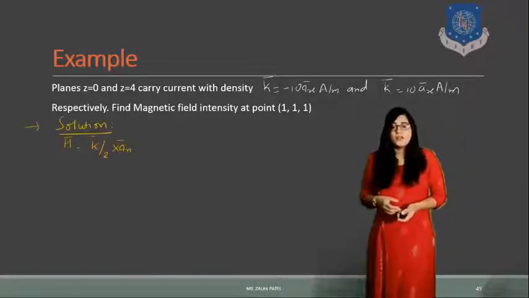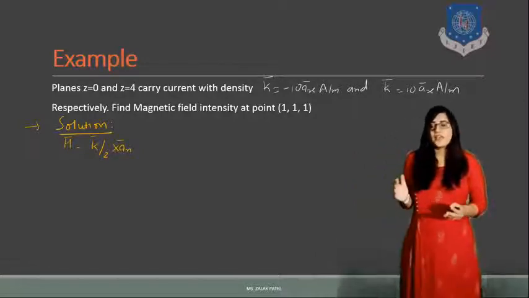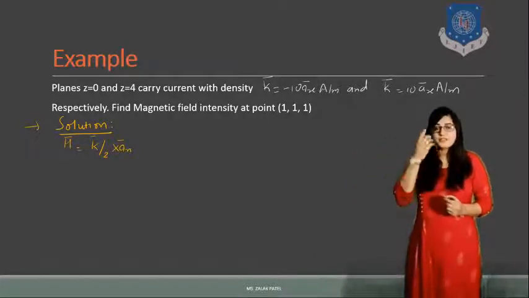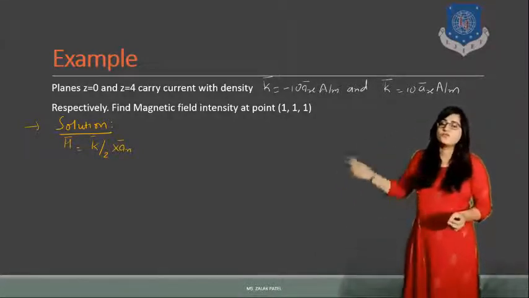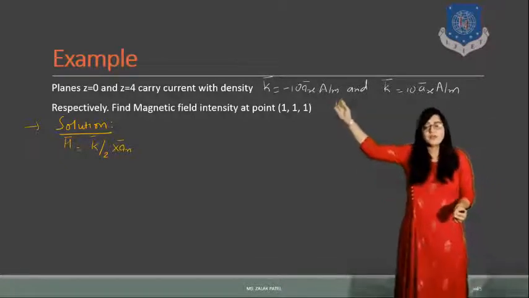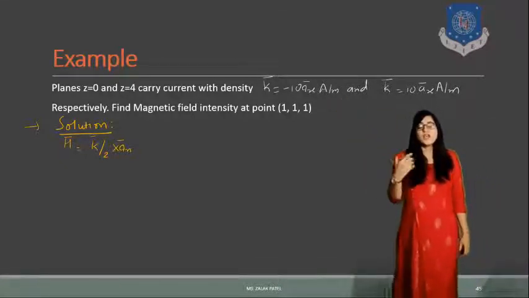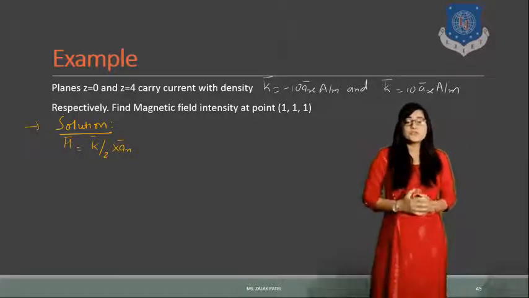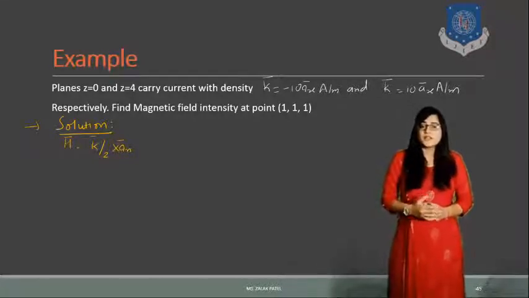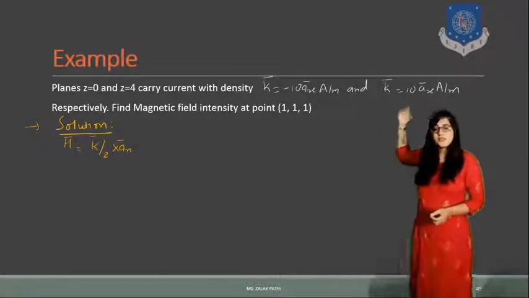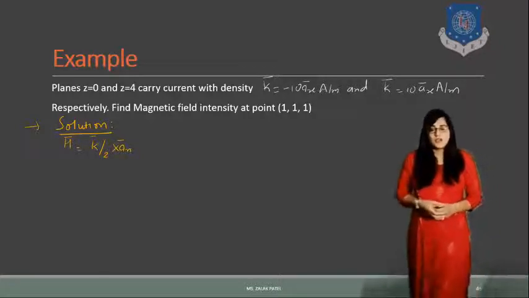For that you have to take H1 and H2, meaning first H1 due to the first current density, that is minus 10 AX ampere per meter, and second H2 due to the second current density, that is plus 10 AX ampere per meter.